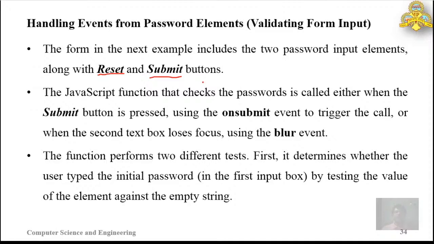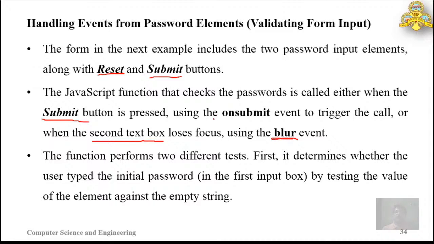That's the destination. And here the password entry is checked when I press the submit button, or when the second text box, that means I need to enter the password 2 times, loses its focus. Losing the focus is a blur event. When the blur event occurs for the second text box, password checking will also be done.